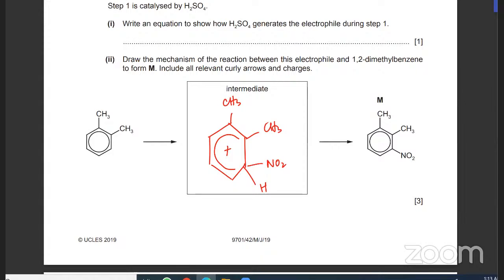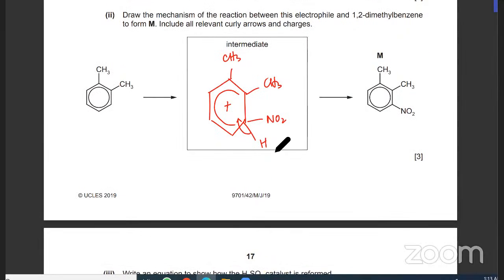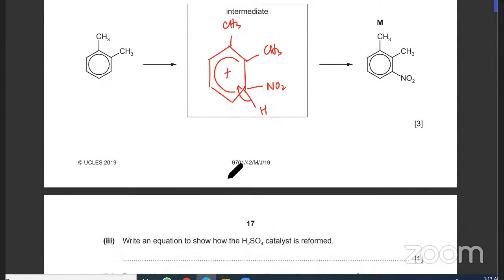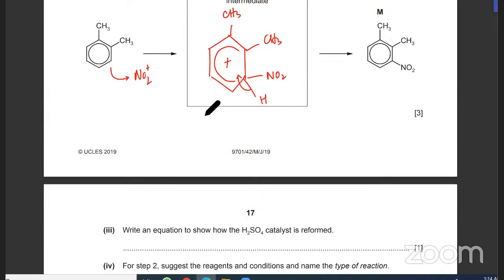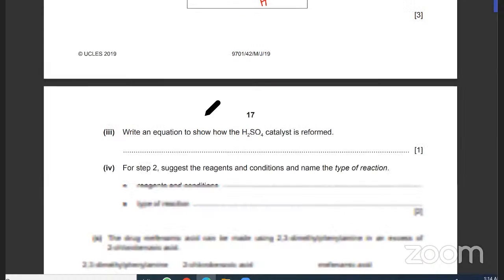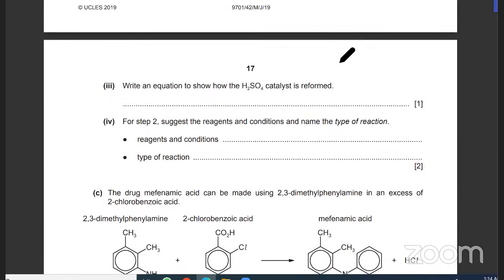The next step is the H giving back the electron towards the ring. I don't think they're asking for it, but that's the first step. Then write an equation to show how the H2SO4 catalyst is reformed.